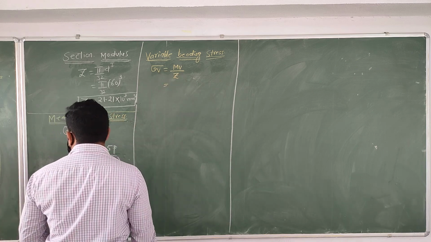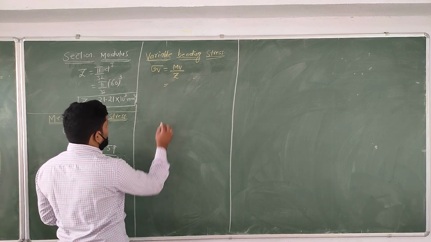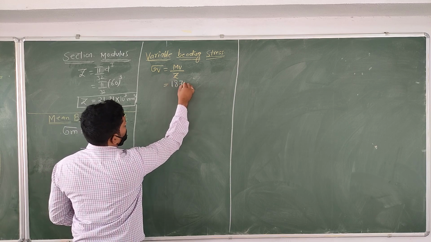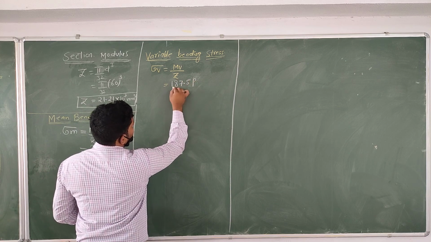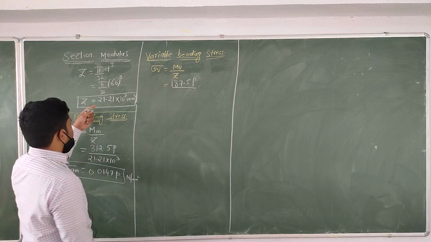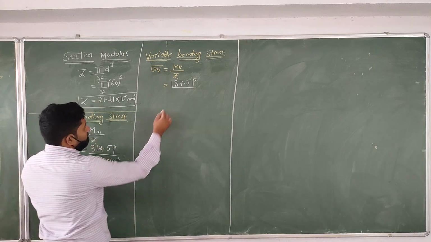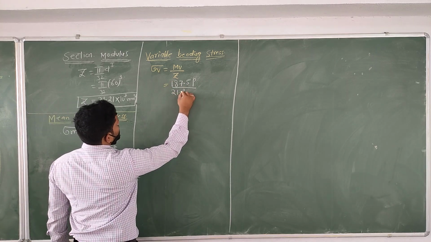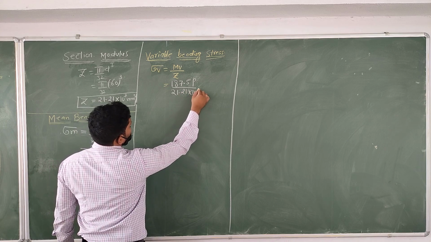Mv value, how much did we get here? 187.5 P by section modulus value, how much did we get? 21.21 into 10 power of 3.